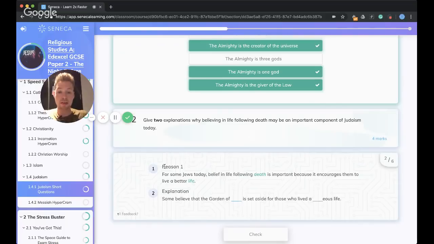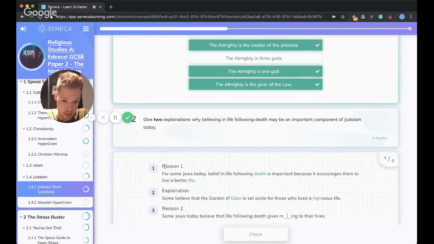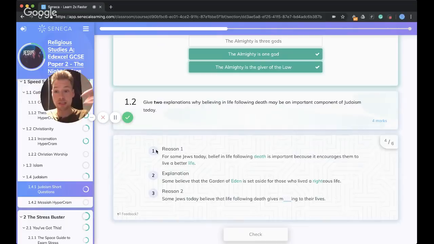Some believe that the Garden of Eden is set aside for those who lived a righteous life. It's a part B question, so you've got to give a reason and an explanation. Really make sure that formula is stuck in your head so you know how to approach these questions in the exam, because they're always the same. There's a nice bit of security there. You know what the exam paper is going to look like before you even get in there.